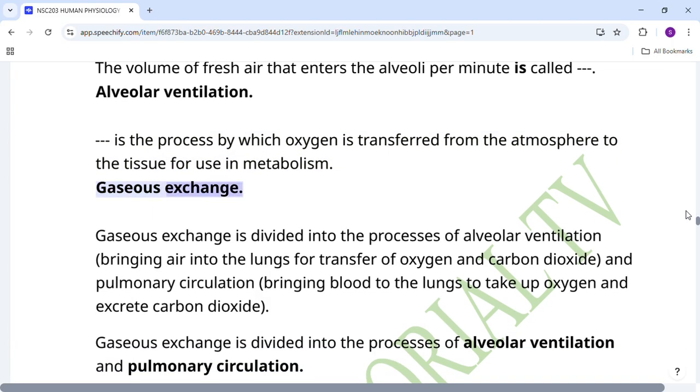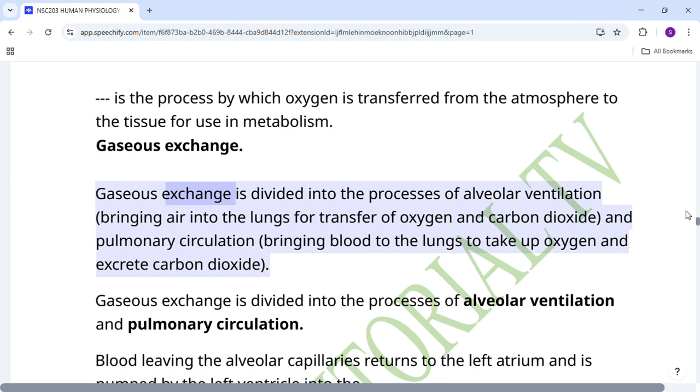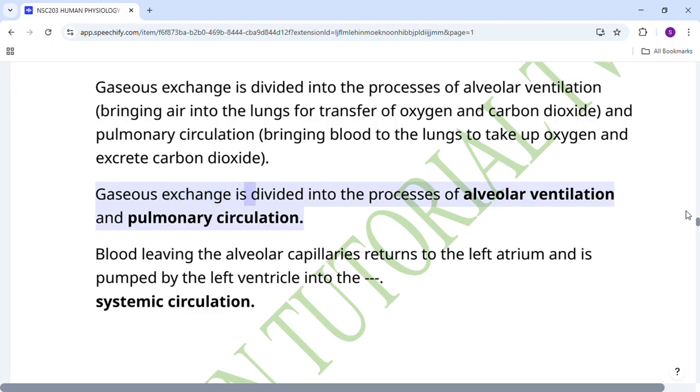Gaseous exchange is divided into the processes of alveolar ventilation, bringing air into the lungs for transfer of oxygen and carbon dioxide, and pulmonary circulation, bringing blood to the lungs to take up oxygen and excrete carbon dioxide.